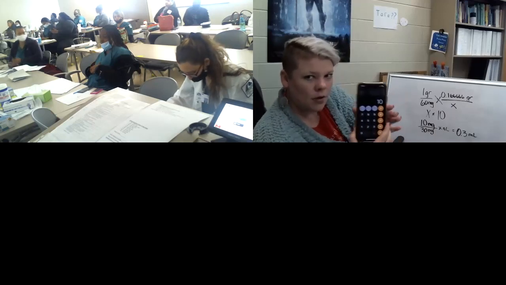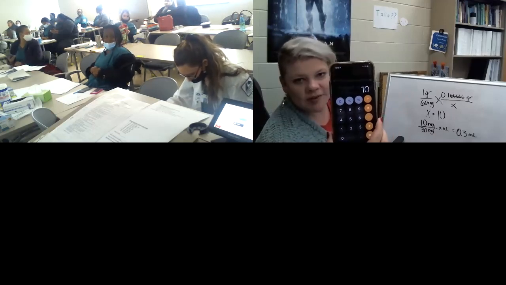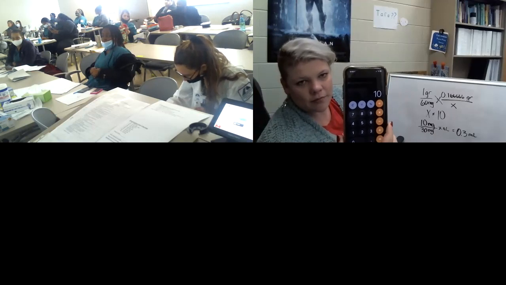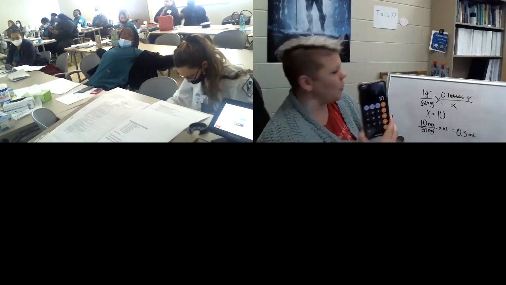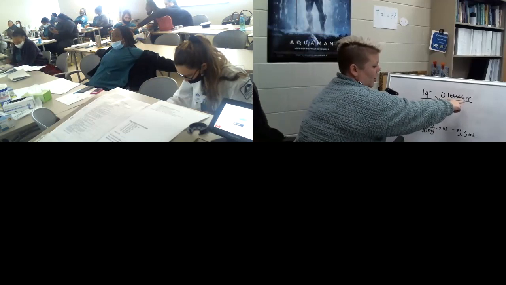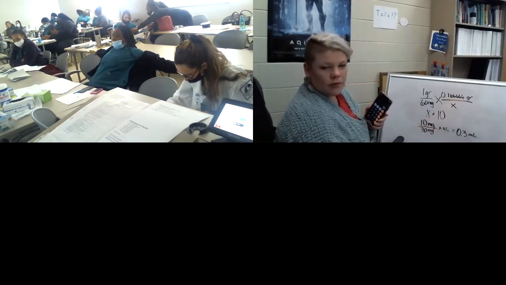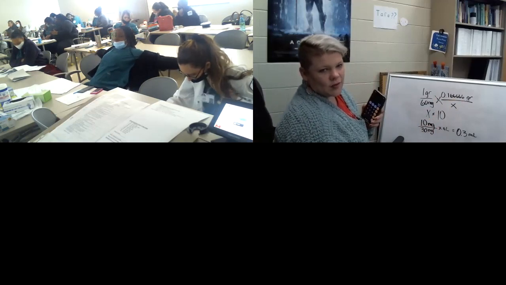When I times it by 60, it came up to 10. So then I know that 1/6 of a grain is 10 milligrams, and that's the order.